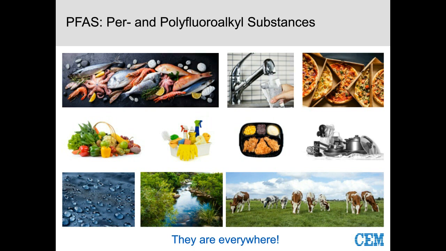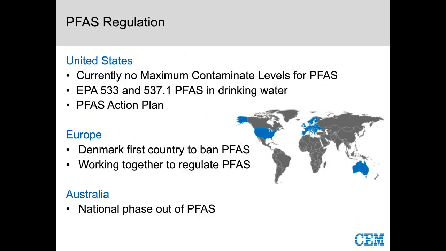So with that, let's talk a little bit about where regulation currently is at. In the United States, we do not have any maximum contaminant levels for most of the PFAS. There is a health advisory out there for PFOA and PFOS at 70 PPT, but that's even starting to decrease. So these are detected at very, very low limits. There are two EPA methods.